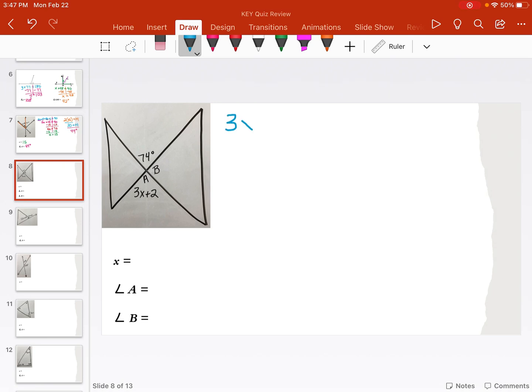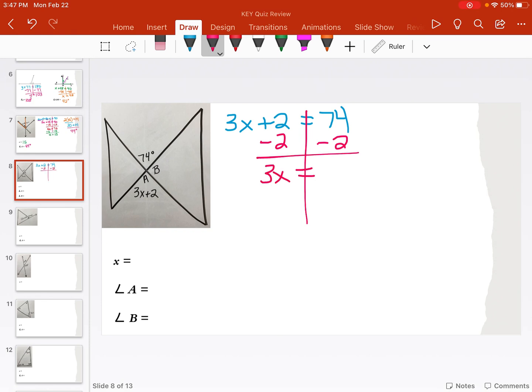So I have 3x plus 2 equals 74. Go ahead and subtract 2 from both sides. I have 3x equals 72. And then I can divide by 3 on both sides.